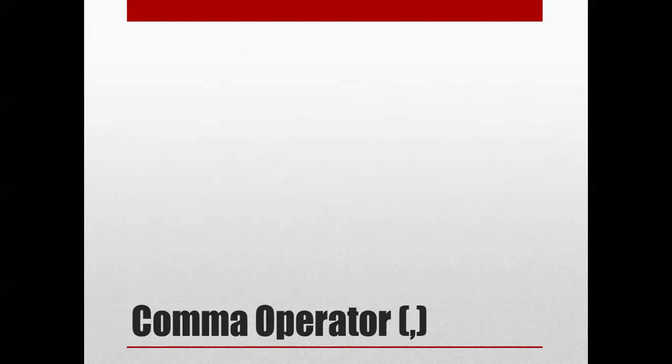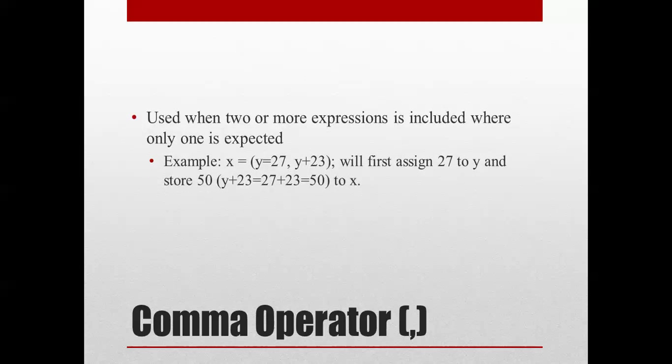All right, so we also have a comma operator. I don't use it very often, but it comes in handy sometimes. It is used when two or more expressions are included where only one is expected.